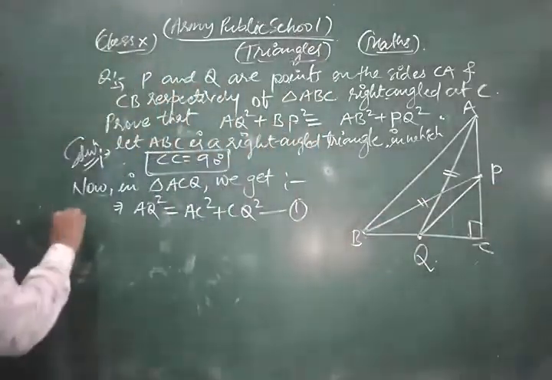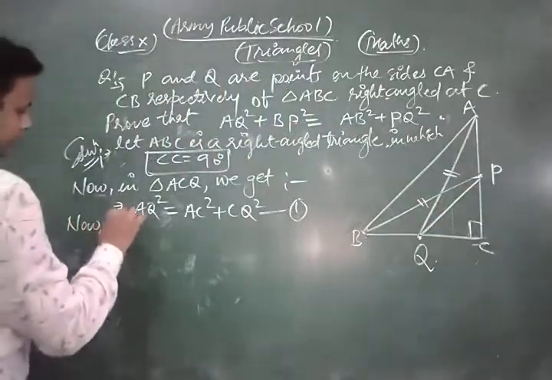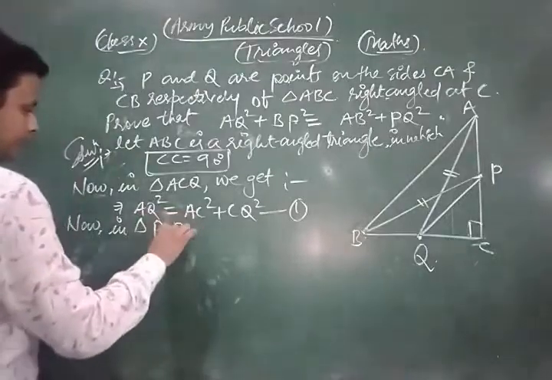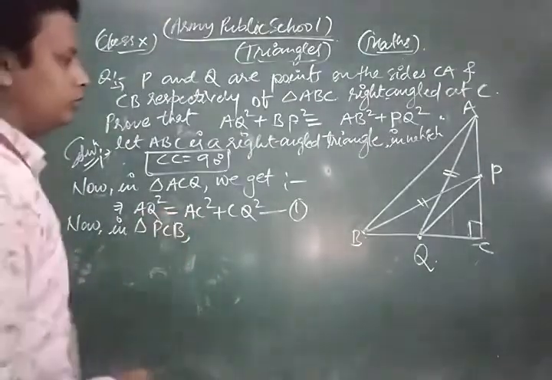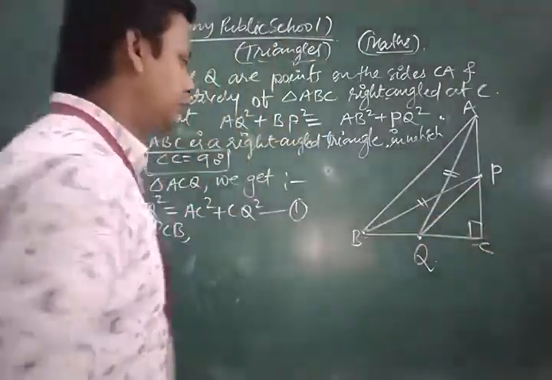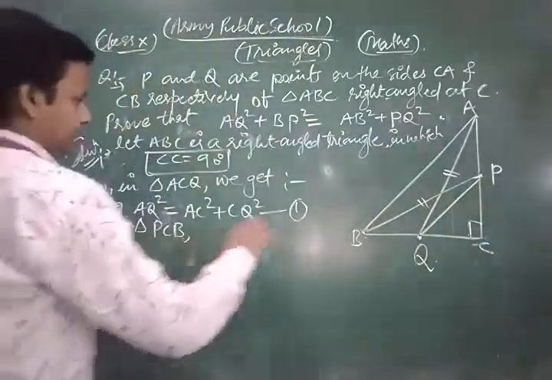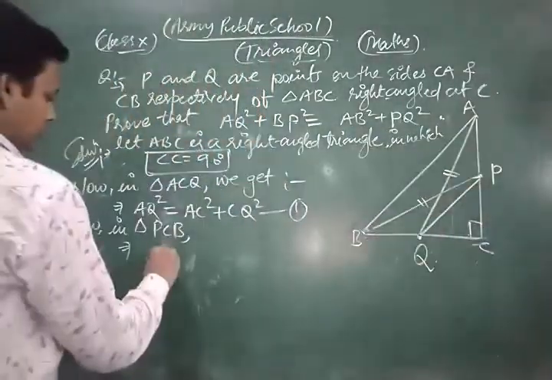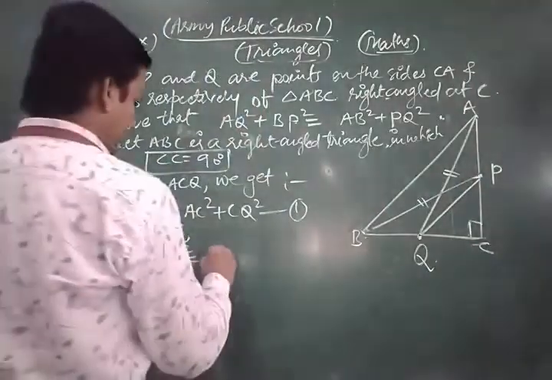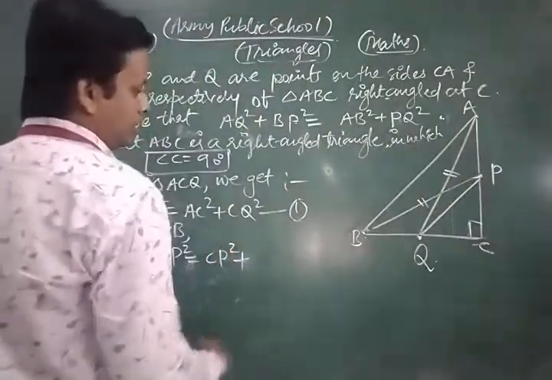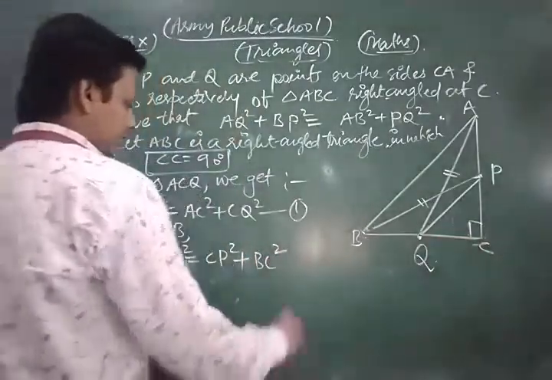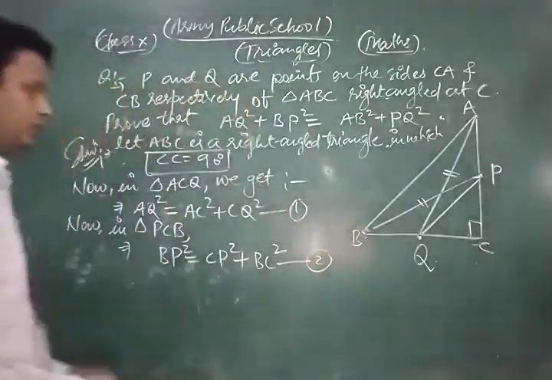Now in triangle PCB, right angle at C. So because BP is your hypotenuse, BP square is equal to CP square plus BC square. Take equation number 2.